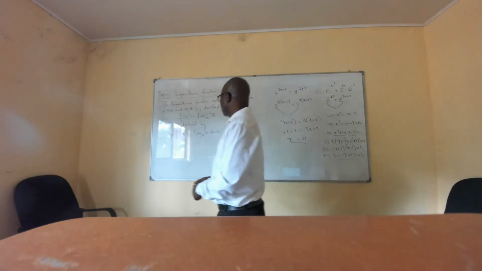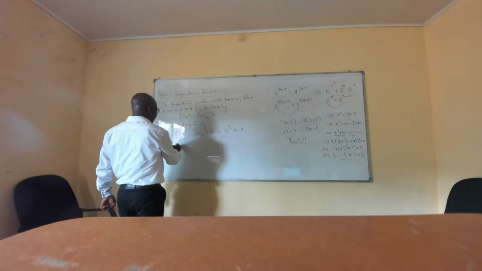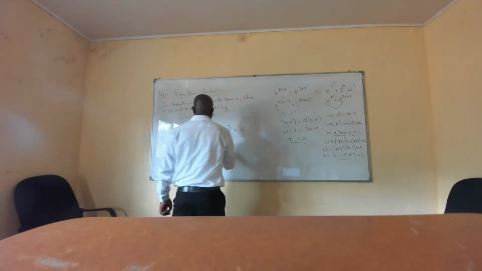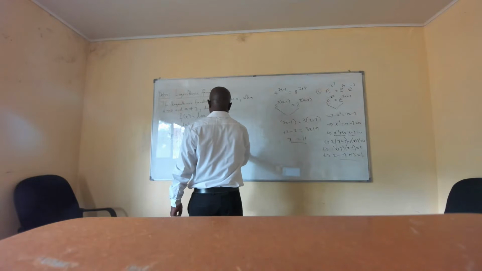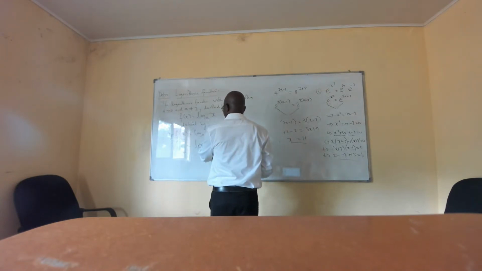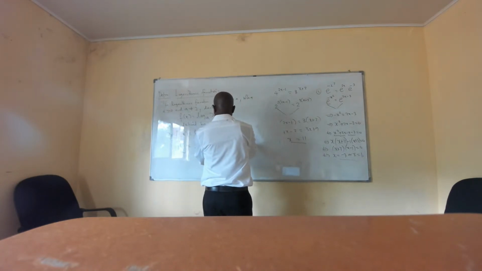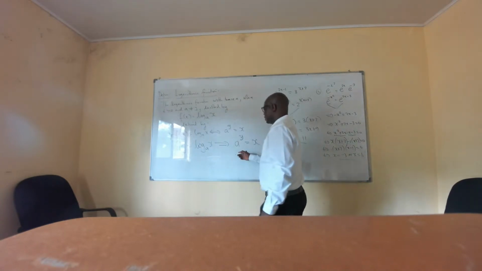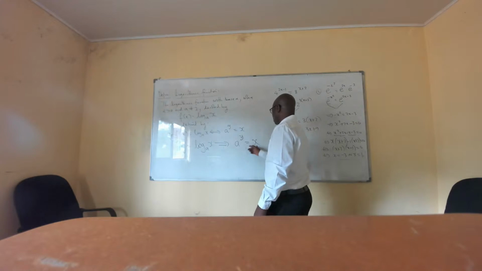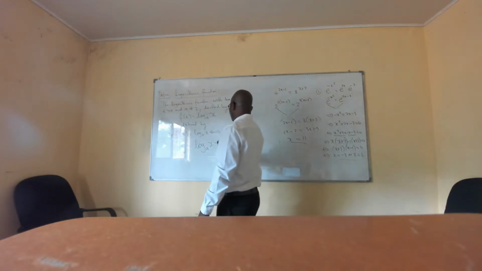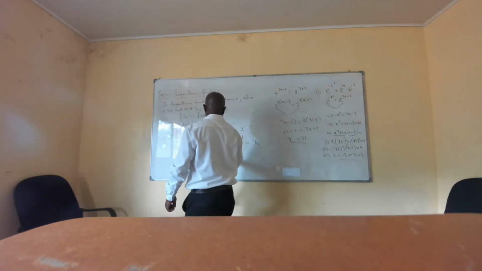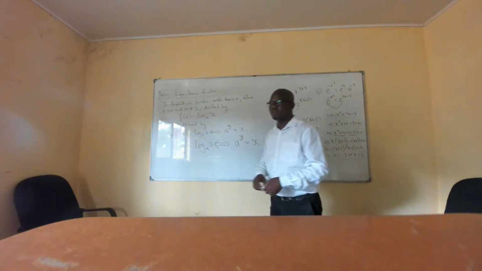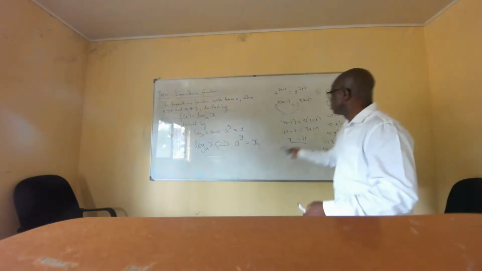When I say y is equal to log to base A of x, then I simply say the base when raised to the power y should give us x. Similarly, when I say A raised to the power y equals x, we can write this as log to base A of the number x. That's all. We should be able to move in either direction.